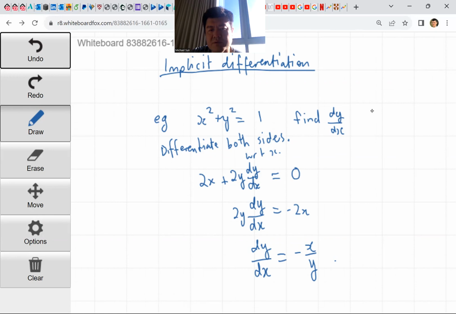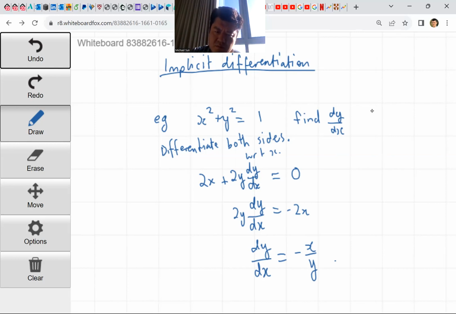We're just differentiating both sides instead of having f of x equals something and then differentiating one side. Well, there's a couple of things that we want to explain.